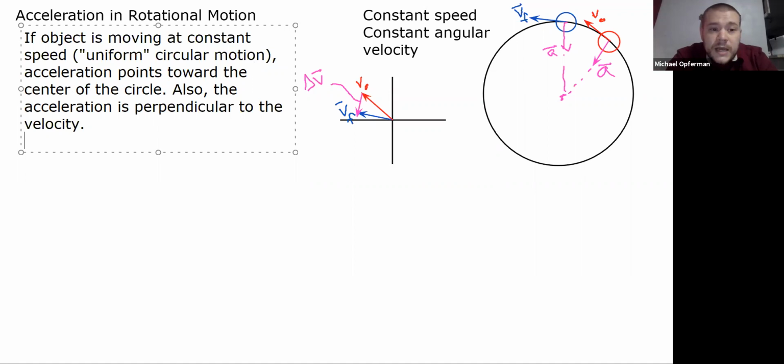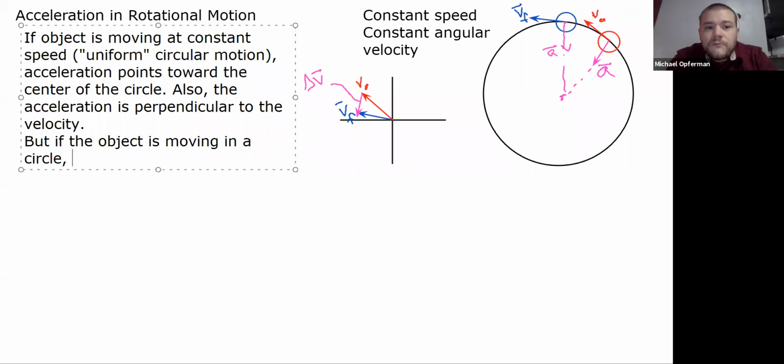But I want to emphasize, if the object is moving in a circle, acceleration cannot be zero, because an acceleration is required just to keep the object moving on a circle. Zero acceleration would mean moving in a straight line. So by virtue of the fact that it's moving in a circle at all, it has an acceleration.